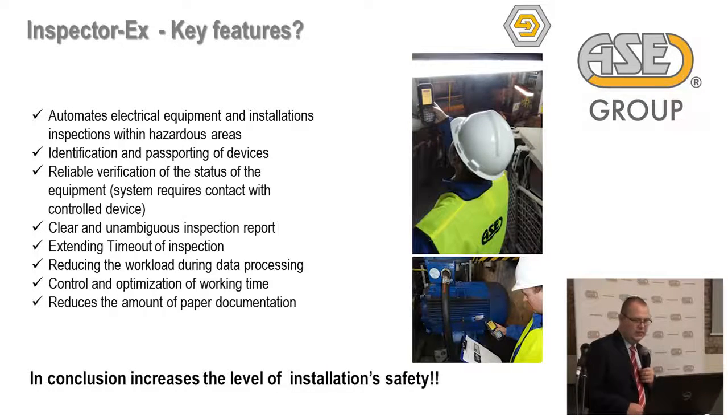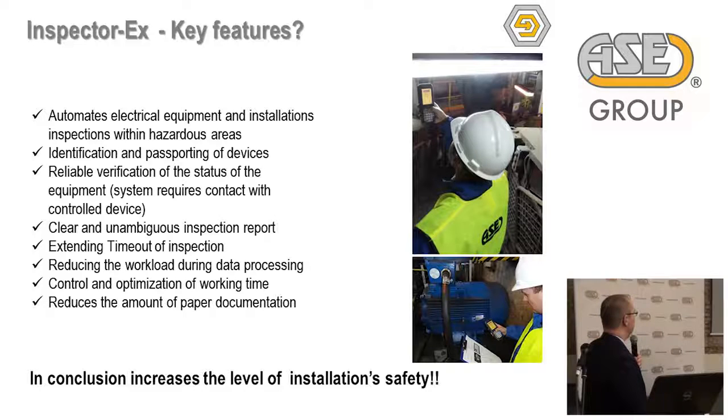So the main points of our system are automated electrical equipment and installation inspections, and identification and passporting of devices. What is very important, a reliable verification of the status of the equipment. We really know what equipment is okay or not, and what we have to do with this equipment.